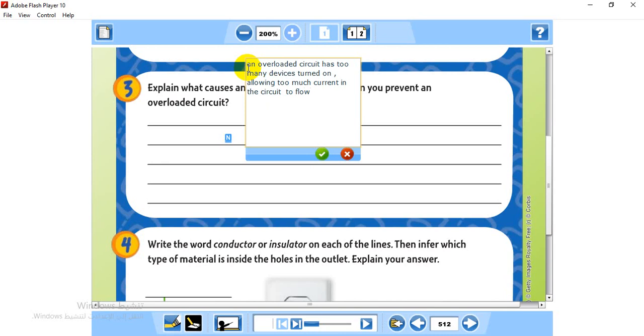So you can prevent the overload by what exactly? By using one device at a time, or by using devices that do not need many amps.